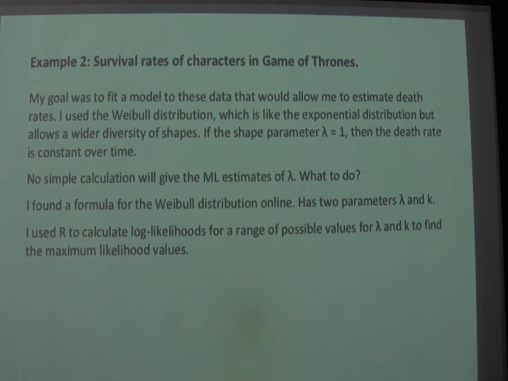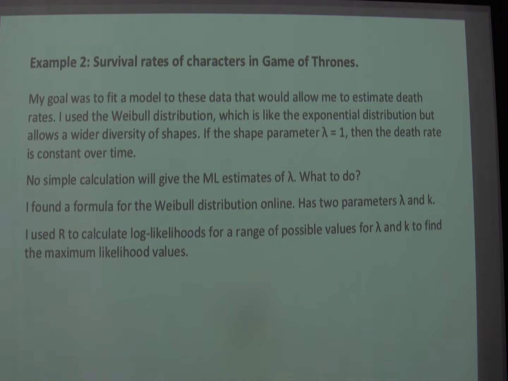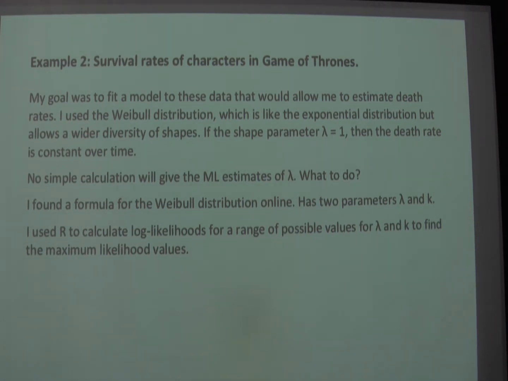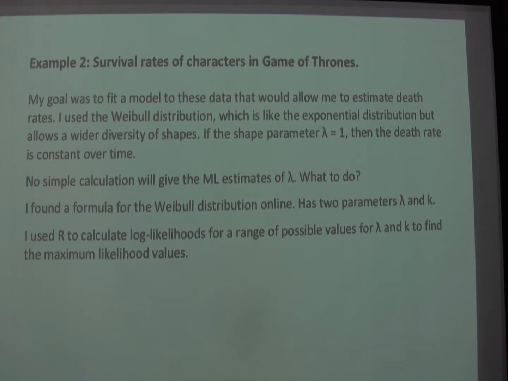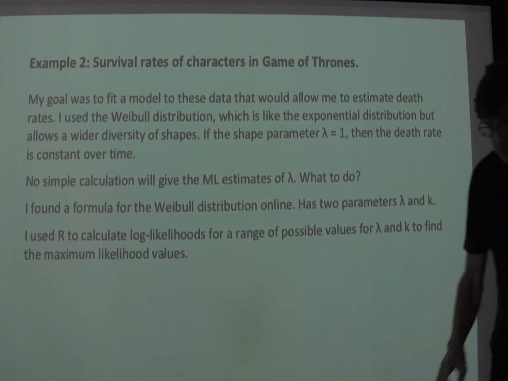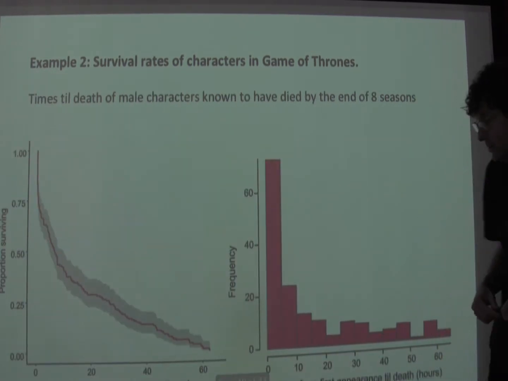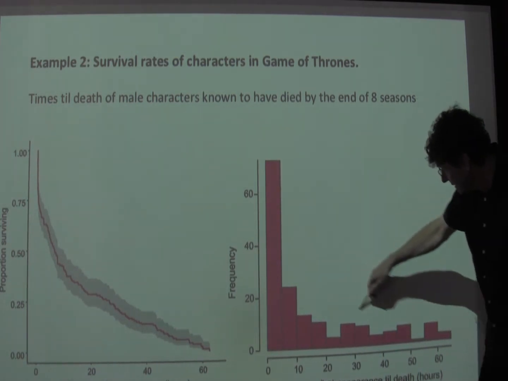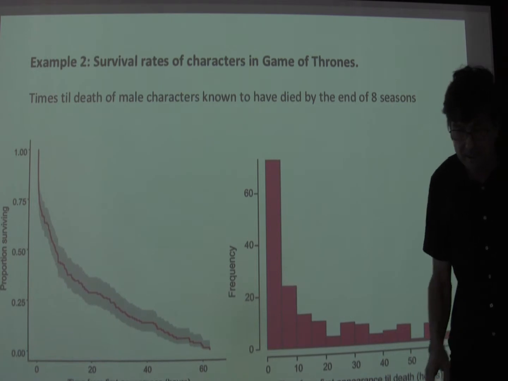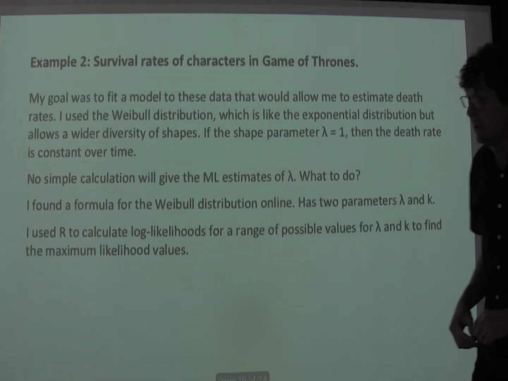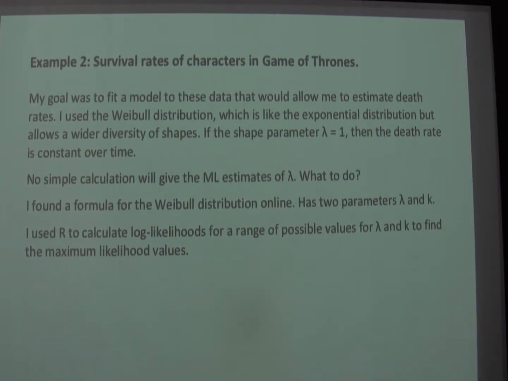So what I wanted to do in this example was fit a model to the data that would allow the estimation of death rates, and how survivorship can be described by simple parameters. One distribution that's used a lot for this is the exponential distribution, and it looks something like this. But it turns out the exponential distribution is not as good as the Weibull distribution at describing the shape of this survivorship curve.